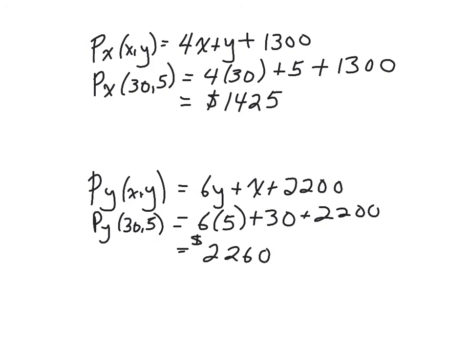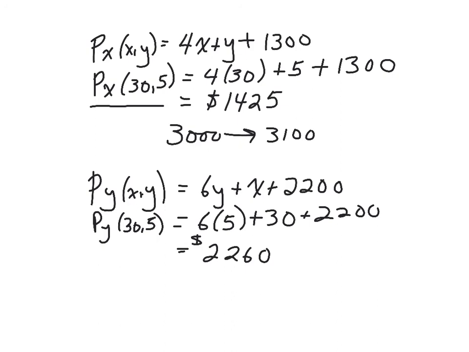To interpret this, we're going to say that the increase in profit if t-shirt sales increase from 3,000 to 3,100, because the numbers of t-shirts are in hundreds, will be $1,425 when the sales of sweatshirts remain constant at 500.